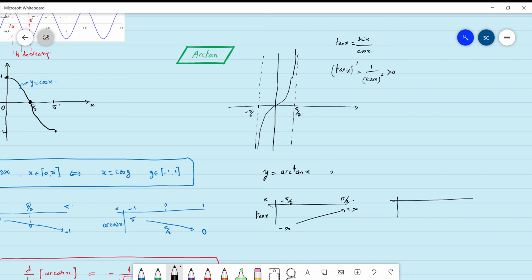So the inverse function, arctangent x, will be defined everywhere, and it will be an increasing function with values from minus pi over 2 to pi over 2, so it has two horizontal asymptotes. Here x belongs to R, which is equivalent to saying that x is tangent of y, with y between minus pi over 2 and pi over 2. Like that, we have all the information needed.